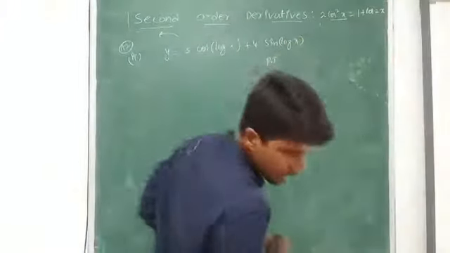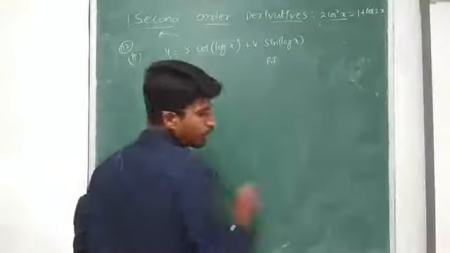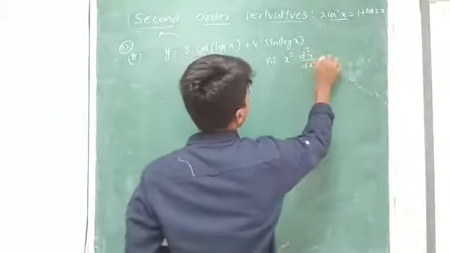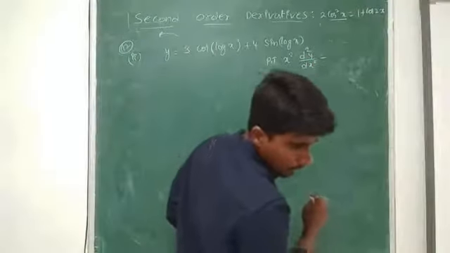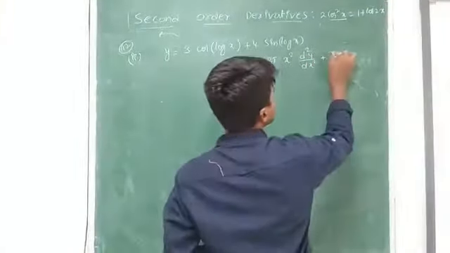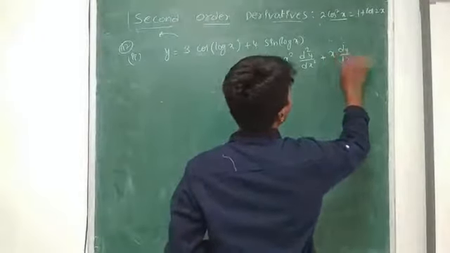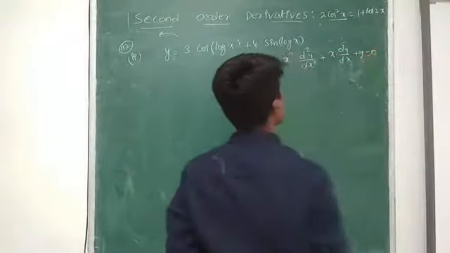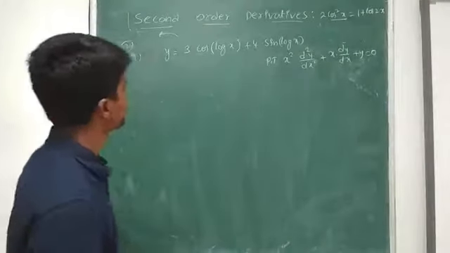Prove that x square into d square y by dx square plus x into dy by dx plus y equal to 0. This is what we have to prove.